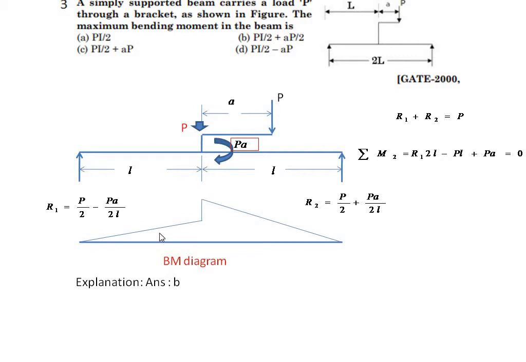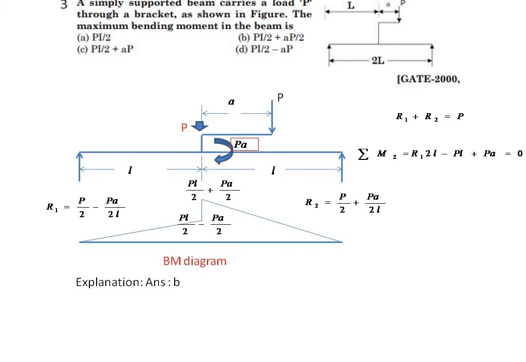So I am going to find the bending moment here, just force into perpendicular distance. At this lower point, the value is going to be PL by 2 minus PA by 2, that is R1 into L. Now again a moment is getting added, so the maximum value is going to be increased by PA.